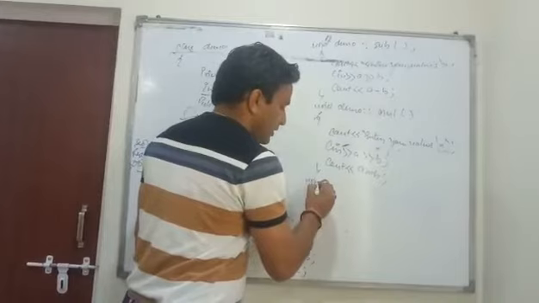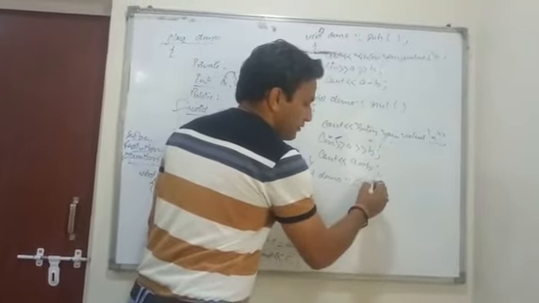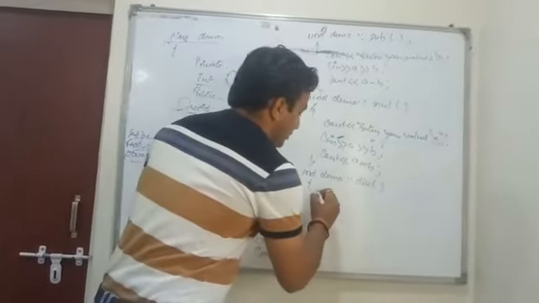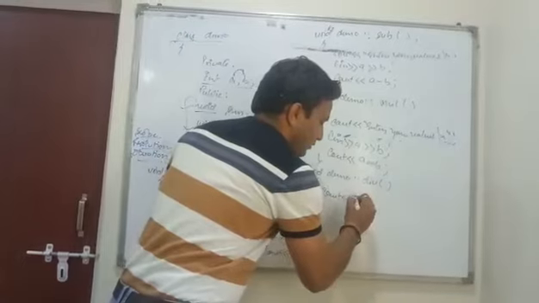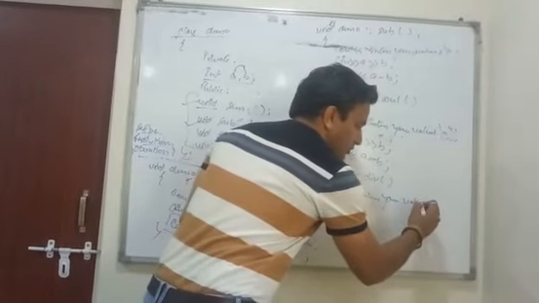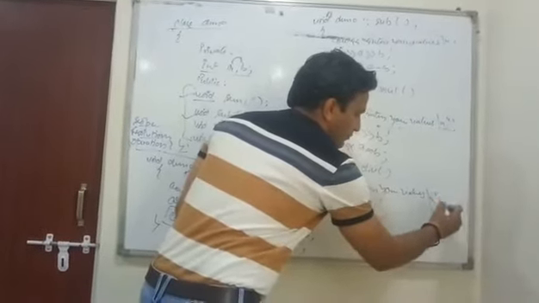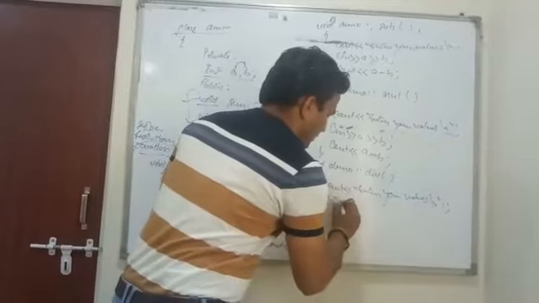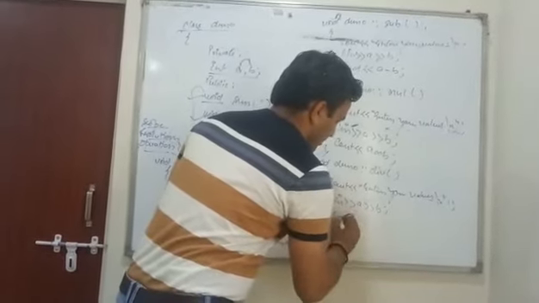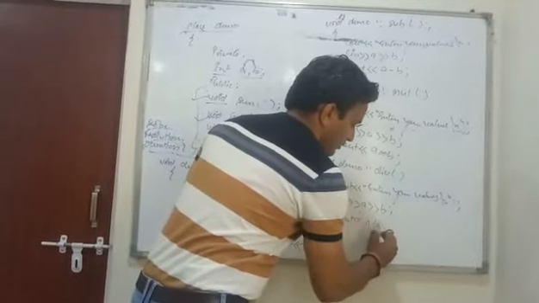Next is division, void, class name demo, div. cout << "Enter your values." cin >> a >> b; cout << a / b.